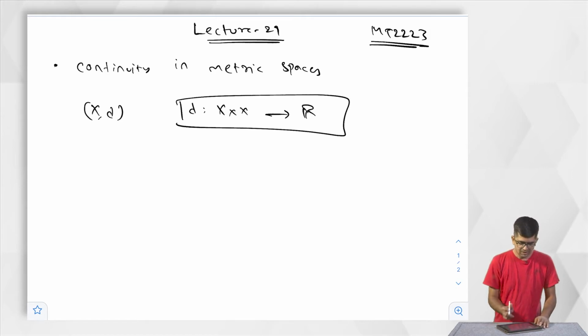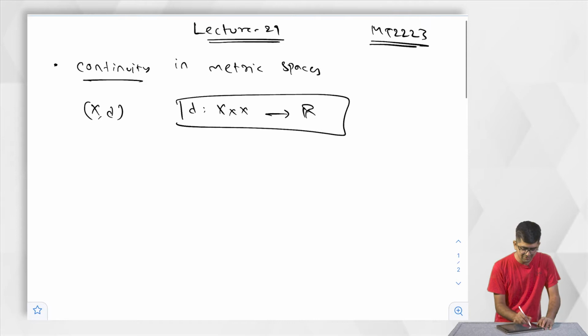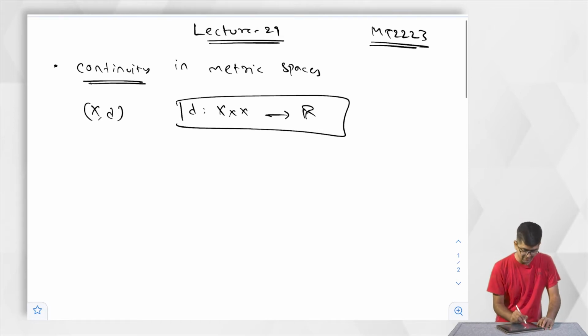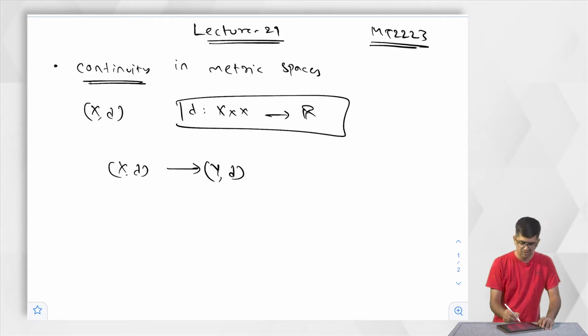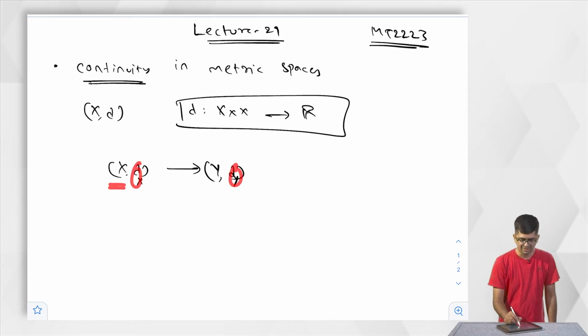Now we are trying to declare what it means to say continuous function between 2 metric spaces (X, d_X) to (Y, d_Y). We write d_X and d_Y just to differentiate: d_X is a metric on X, d_Y is a metric on Y.